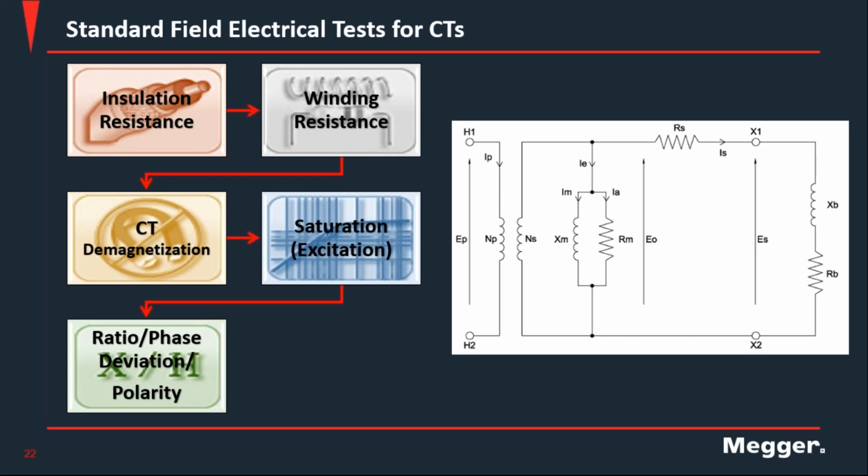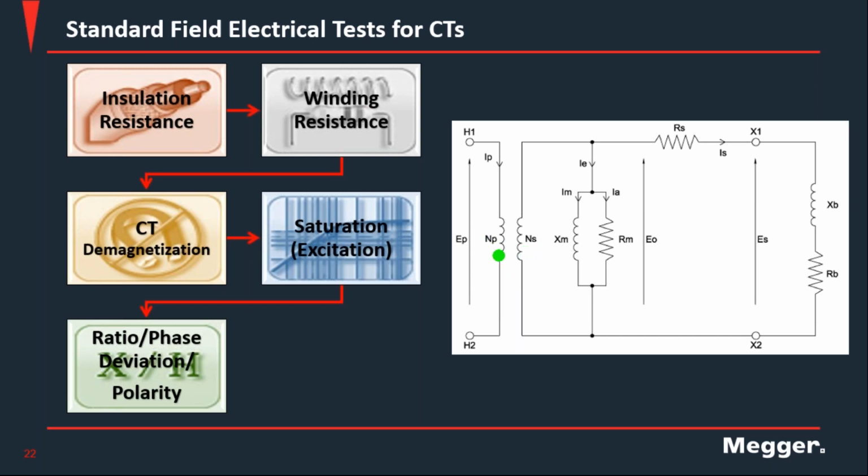So then the other part that you want to verify or get results from is this ratio: the number of turns on the primary side in relation to the number of turns on the secondary side. As we already saw in the vector diagram previously, you're going to have a ratio error there, so it's not going to be exactly as the number of turns.